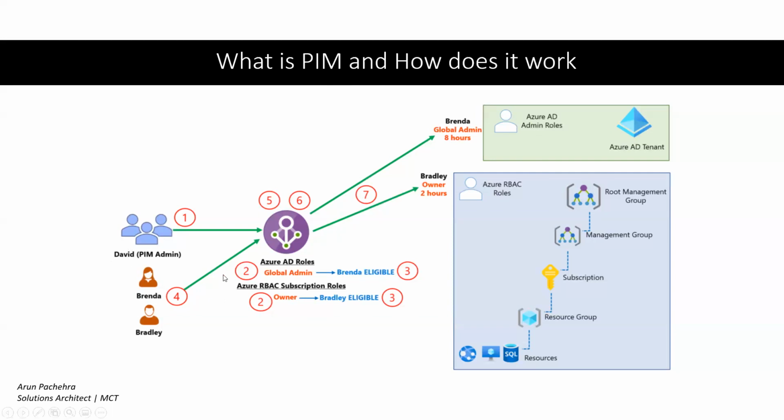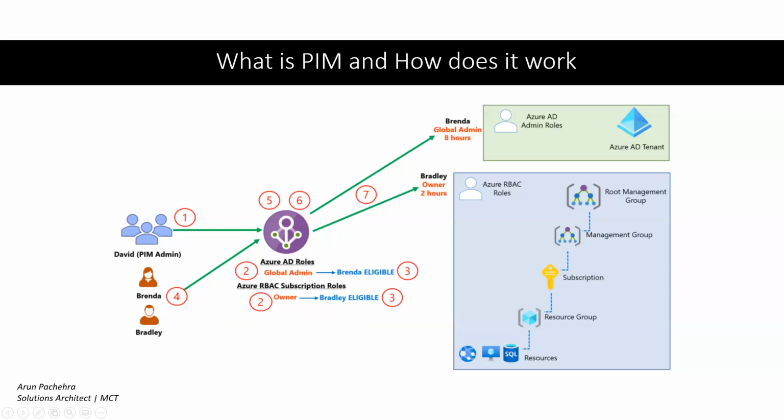So David will make Brenda eligible to activate the global admin role whenever she needs it. Same goes with Bradley. We're thinking to give him subscription owner whenever the task requires Bradley to be owner. So we're going to make Bradley eligible for this role through PIM.